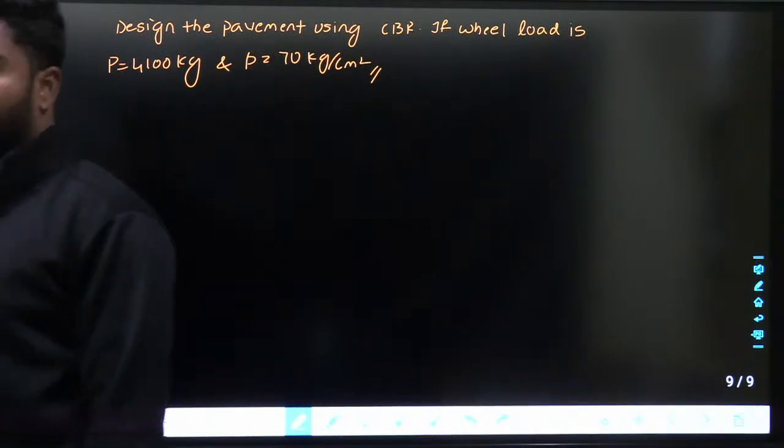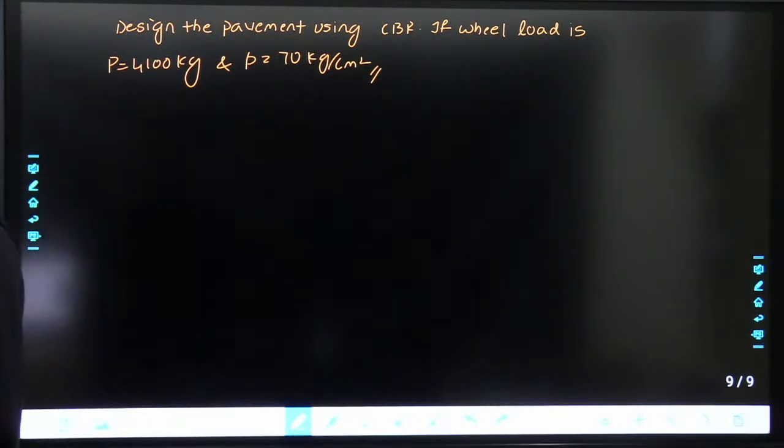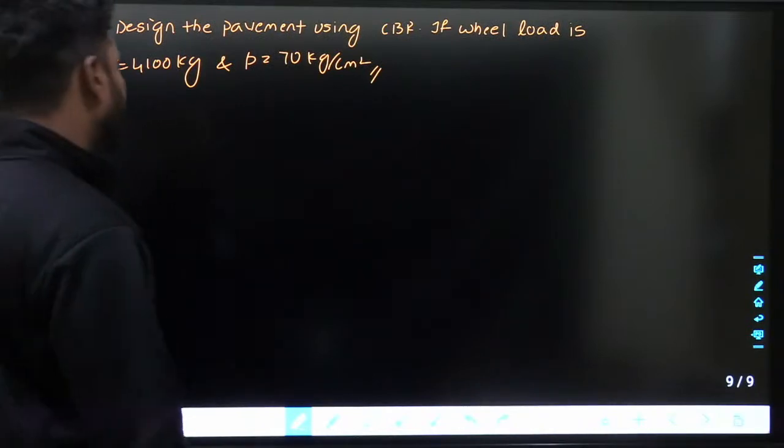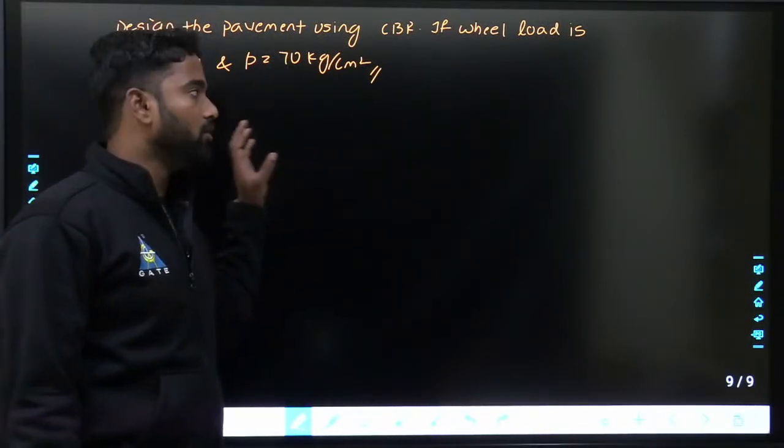So please find out. Design the road means just find out the thickness of the pavement that should be provided on top of it.